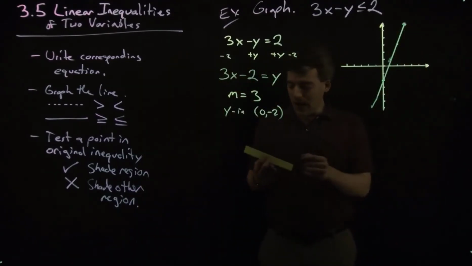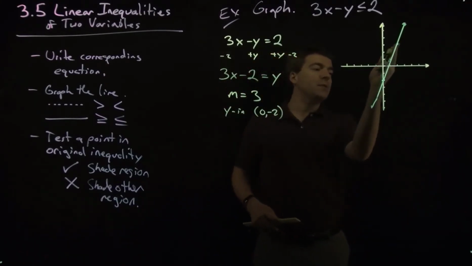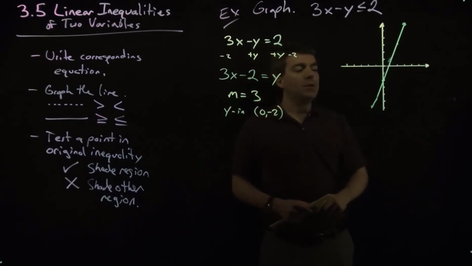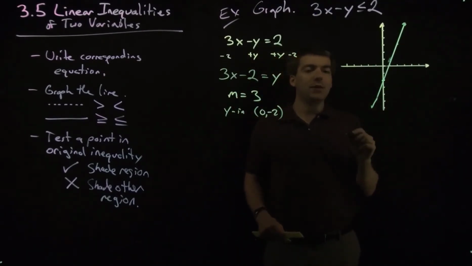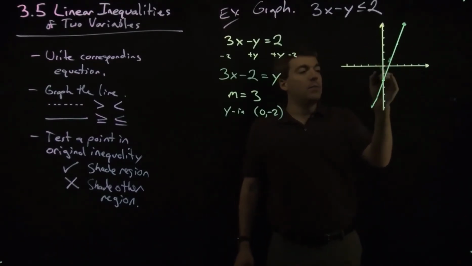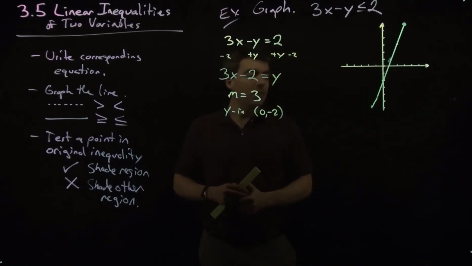So this line splits the plane into two parts, the part on this side of the line and the part on this side of the line. What we'll do now is test a point in each interval, actually just in one. So we've got the origin available. Let's test that in our original inequality.